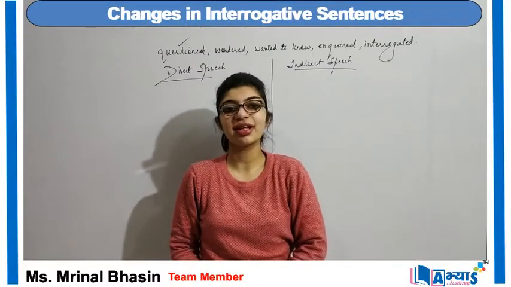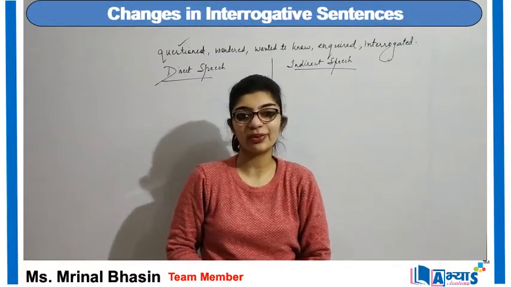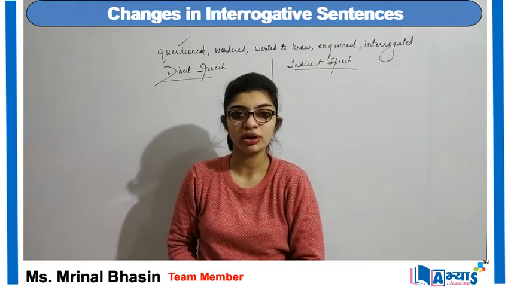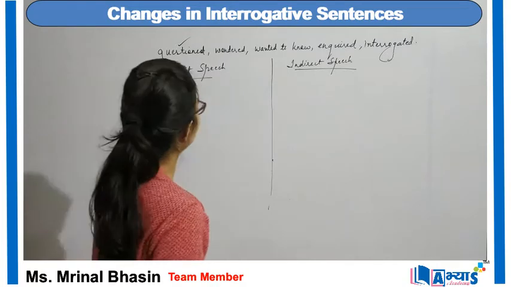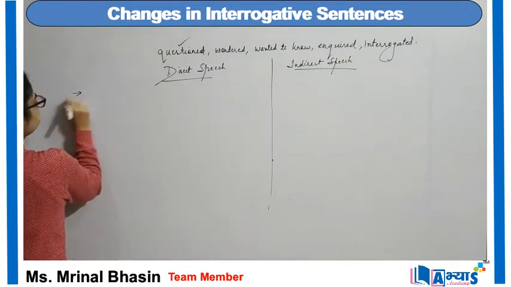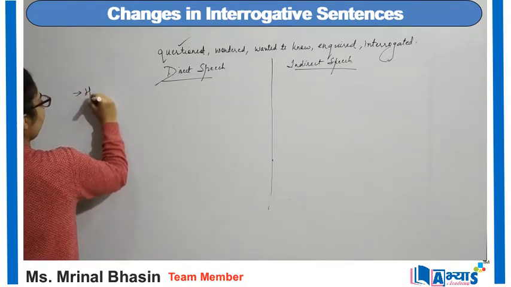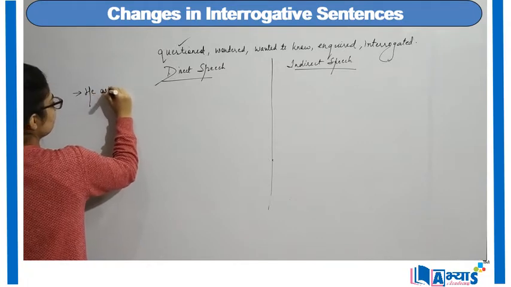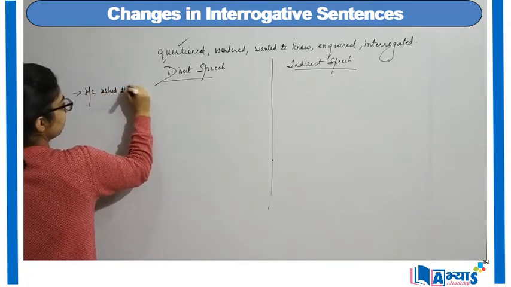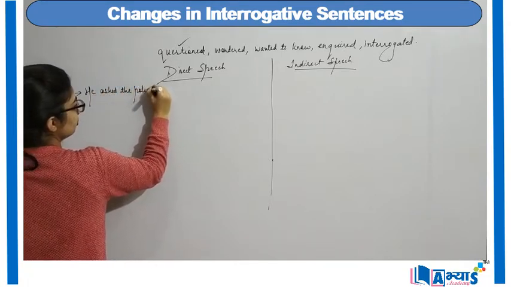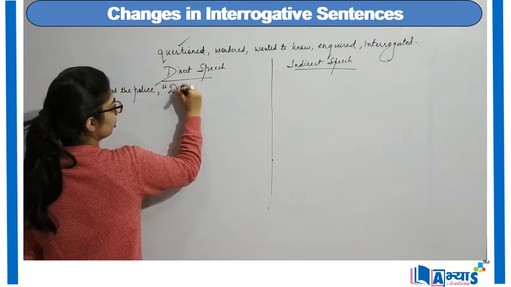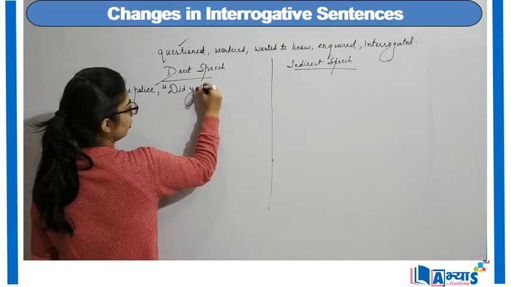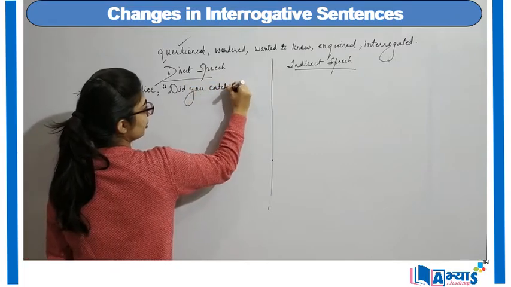Let us consider some other examples of interrogative sentences conversion from direct to indirect speech. So, another example can be, he asked the police, did you catch the thief?